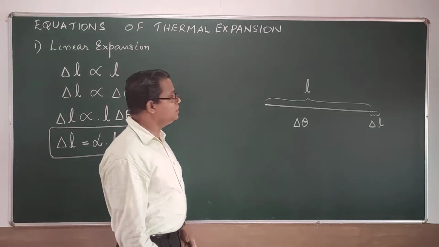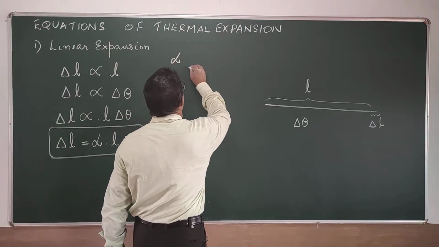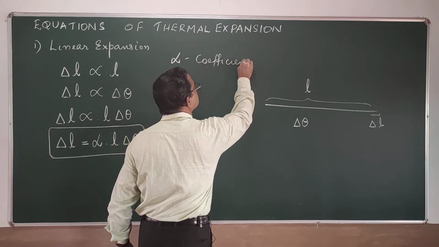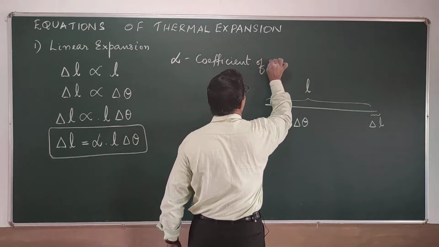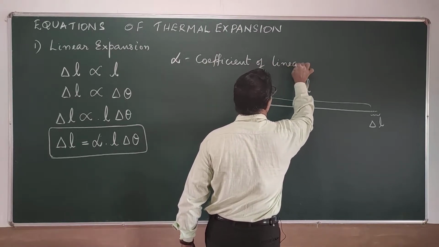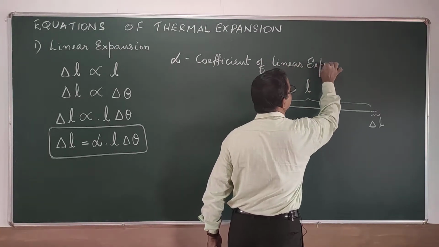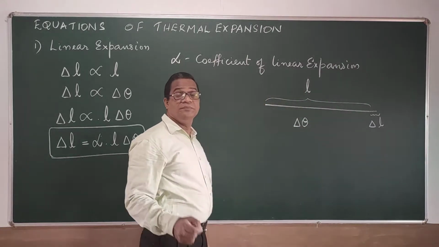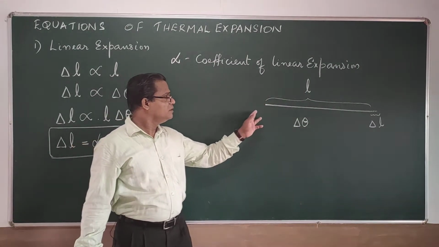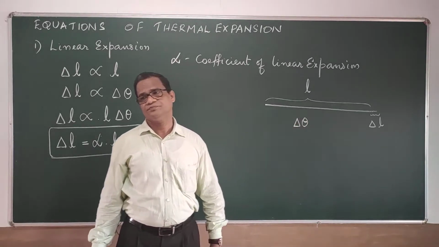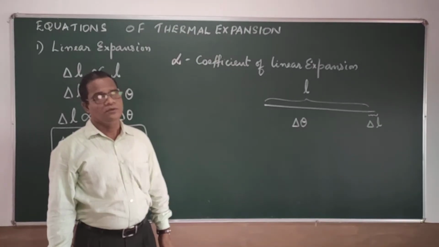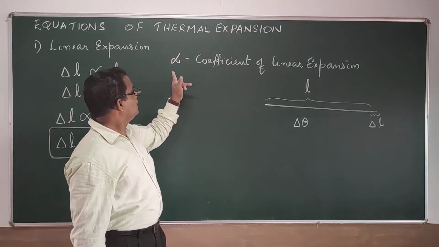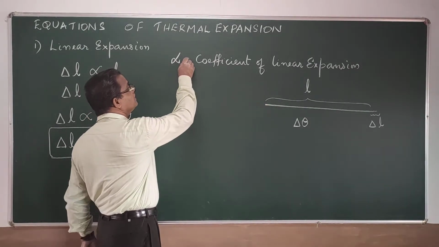Alpha is called the coefficient of linear expansion of the material of the rod. And the particular material, this will be having a definite value.